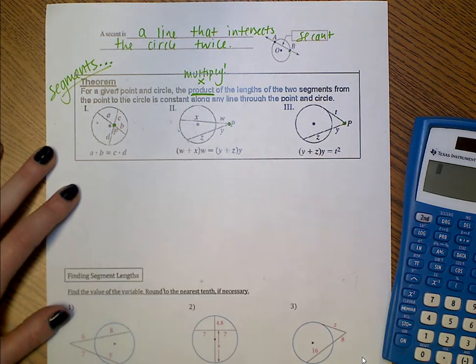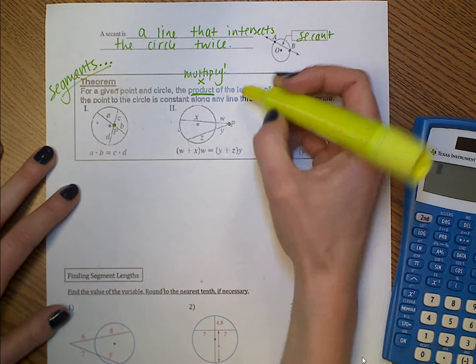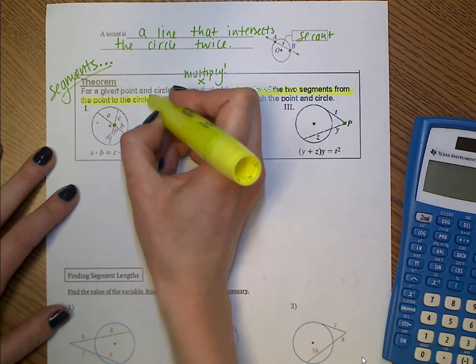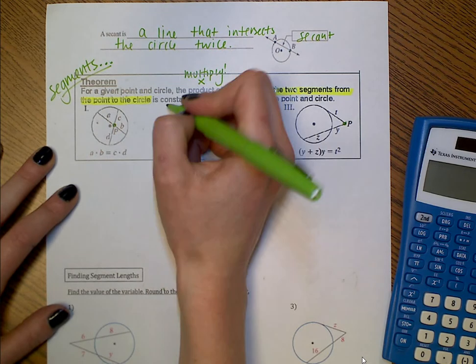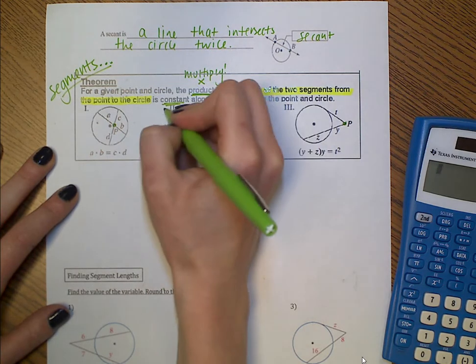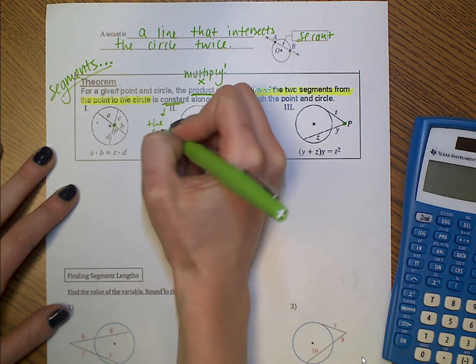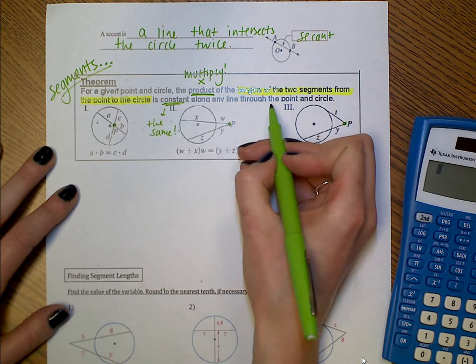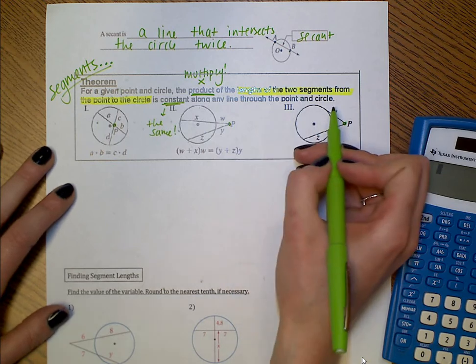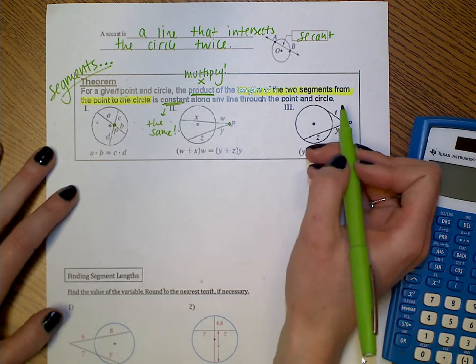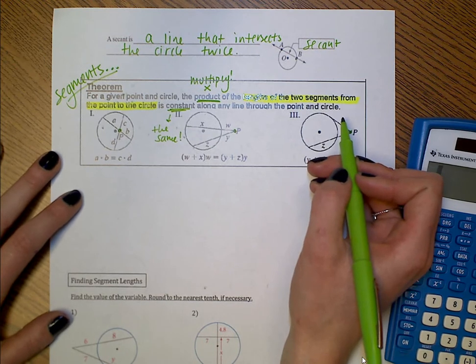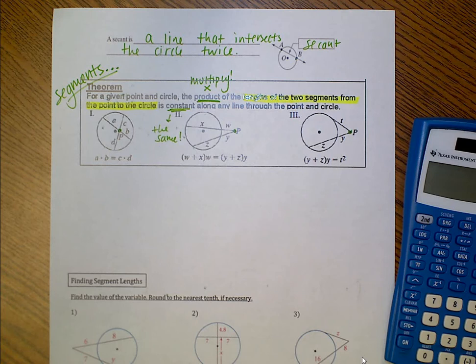I'm going to highlight that. The lengths of the 2 segments from the point to the circle is constant. That just means is the same along any line through the point and circle. I don't know about you, but that kind of just sounds like a bunch of gibberish to me. It's a lot. So let me help you make sense of it.